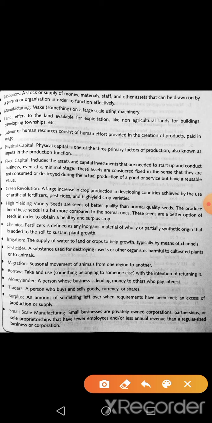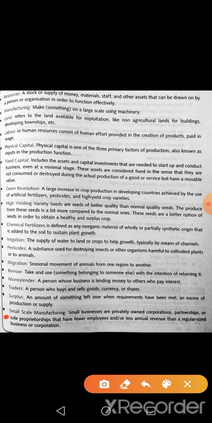As well as in our country, if in some years the production is in excess, then the excess amount of crops can be said to be surplus.